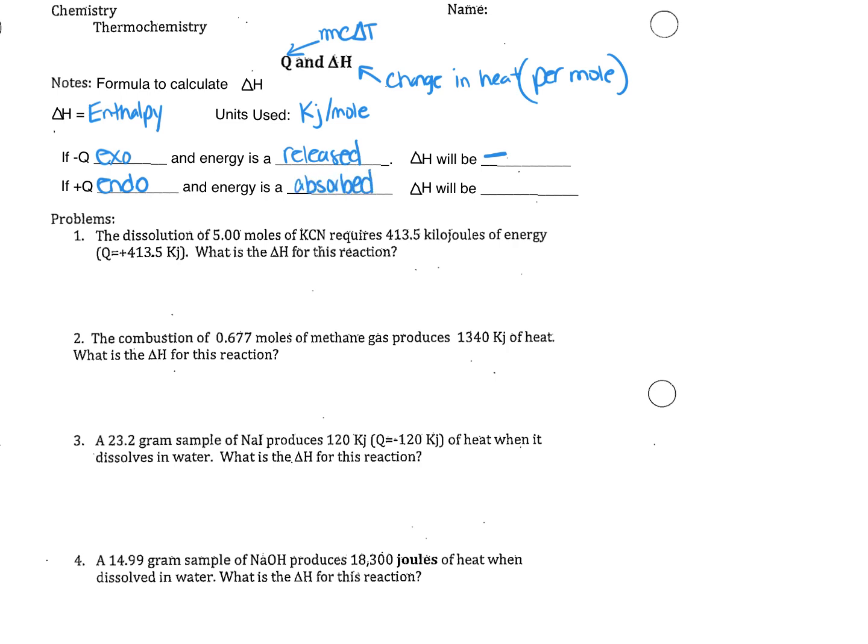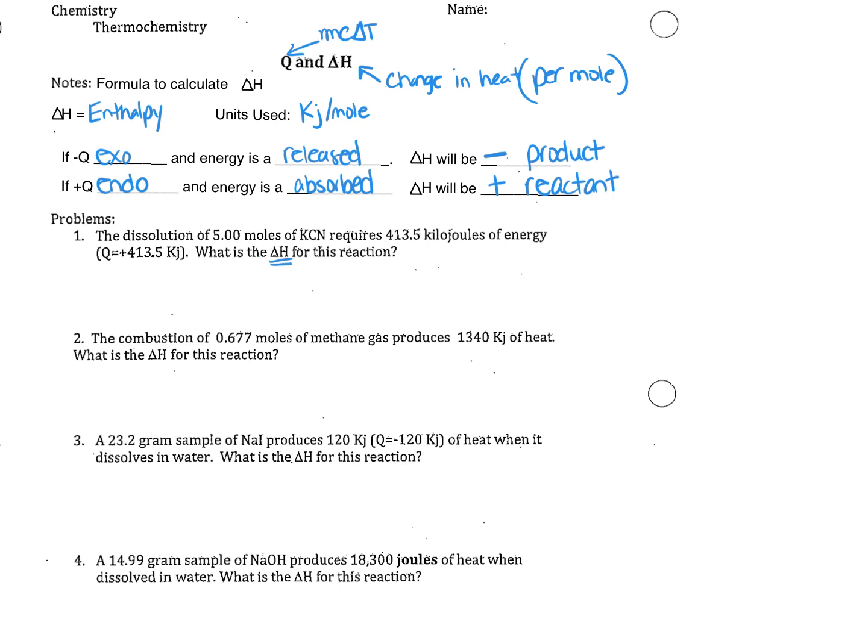That means that delta H will be positive. So our energy has to be a product in an exothermic reaction, and in an endothermic reaction, the energy is a reactant. So in these problems, you can see that we don't have an actual chemical reaction.